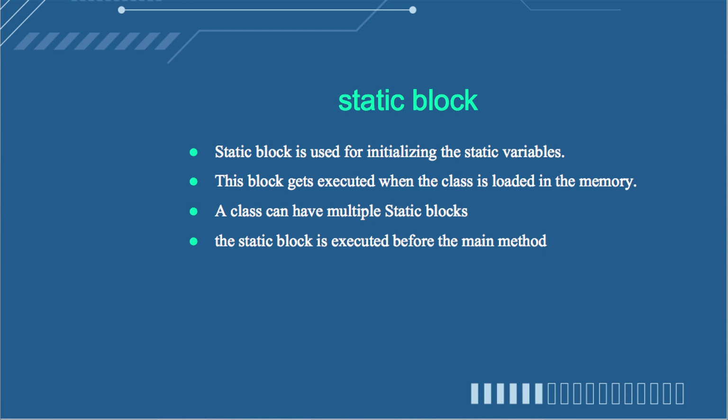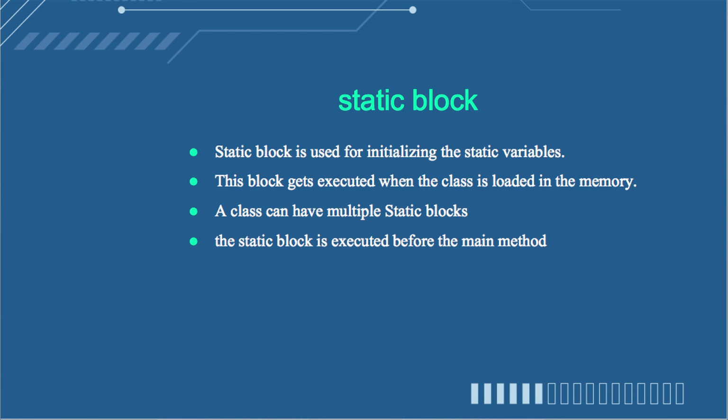A class can have multiple static blocks, which will execute in the same sequence in which they have been written in the program. In other words, a Java static block is used to initialize the static data members.